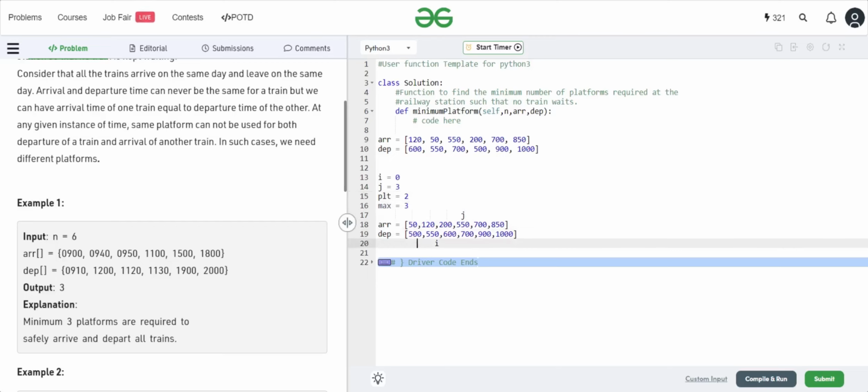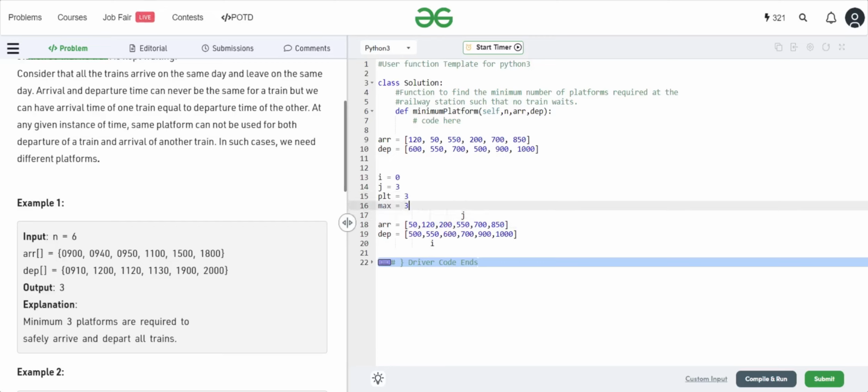Now, when we come at 550, it also says that at any given instance of time, the same platform cannot be used for both the departure of a train and the arrival of a train. Here, both departure time and arrival time are the same, which means we cannot use the same platform, so we need to increment the number of platforms to 3.